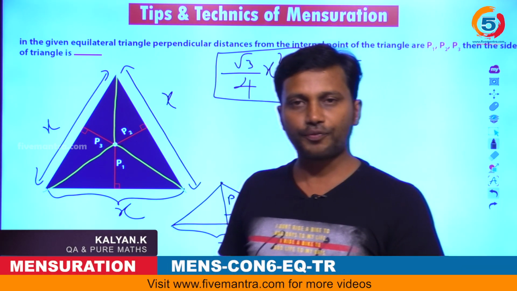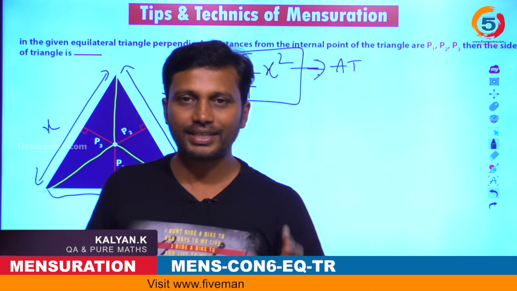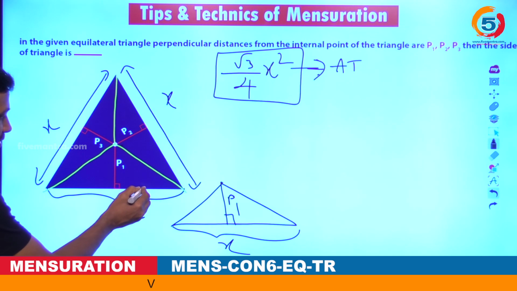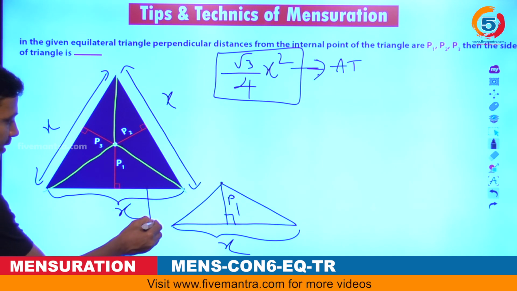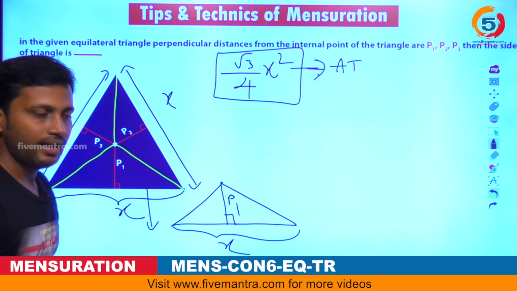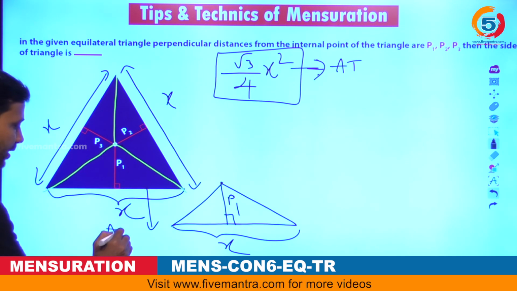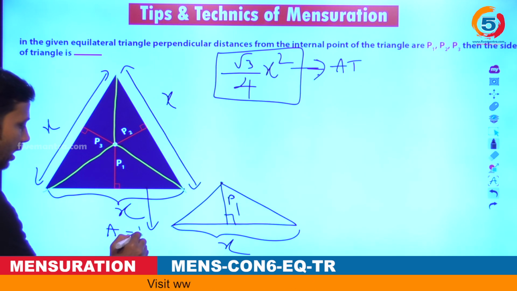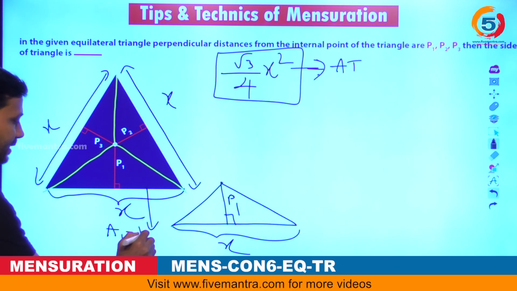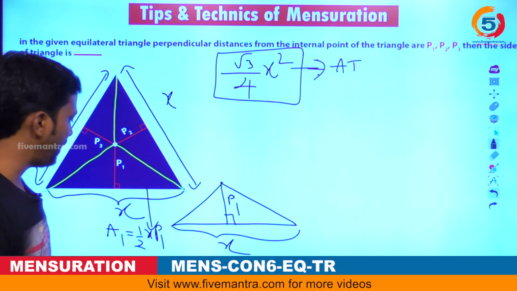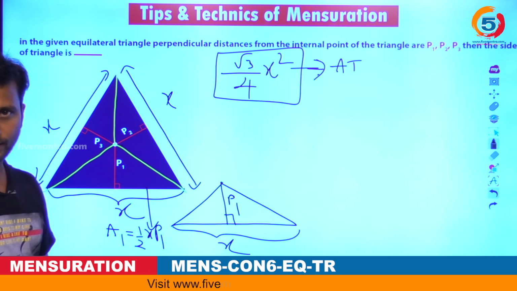Now we are going to find the area of each and every triangle. For this triangle, this is the base, this is the height, so area 1 is half into base x and height P1. So its area would be half x P1.